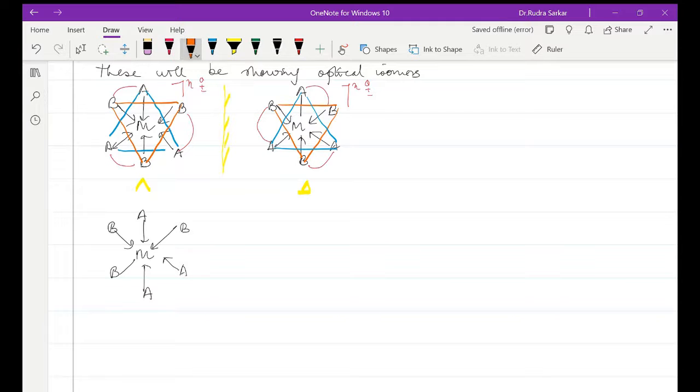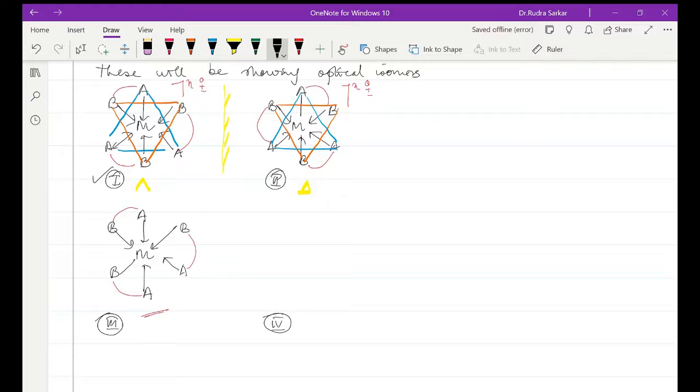Now if you join, you will see that in this particular structure the A are not lying on one particular face. So that means this molecule, that is structure 1, and if we call this structure 2, this we are saying structure 3, and this we are saying structure 4.